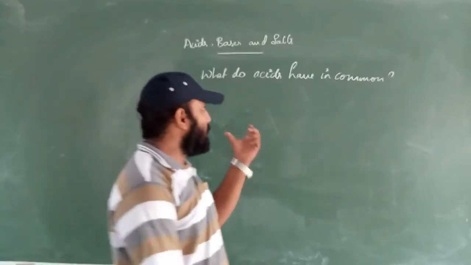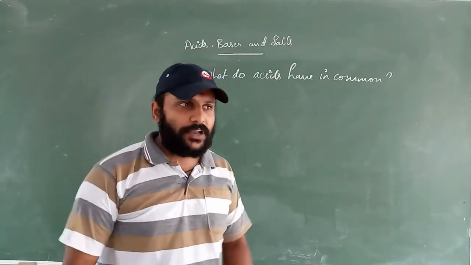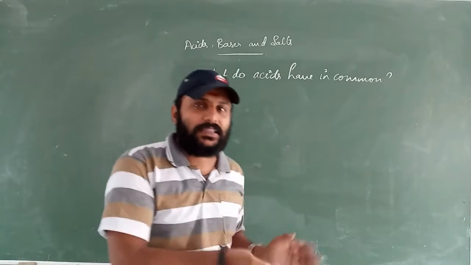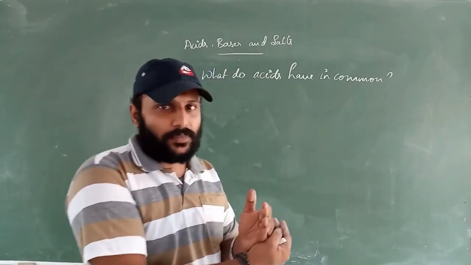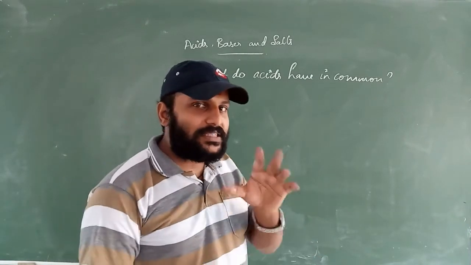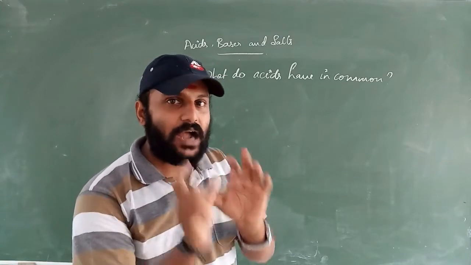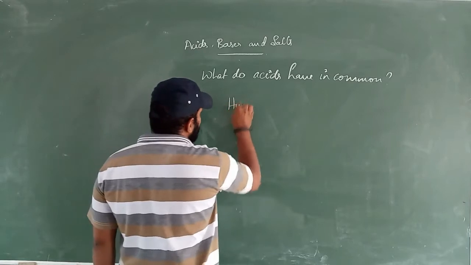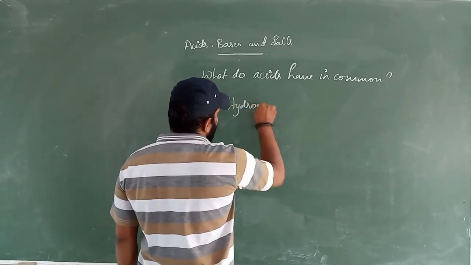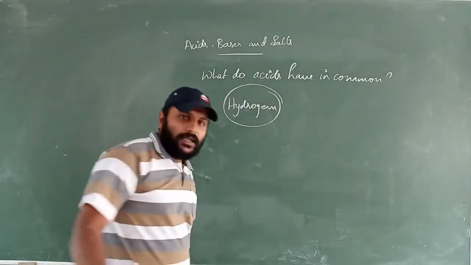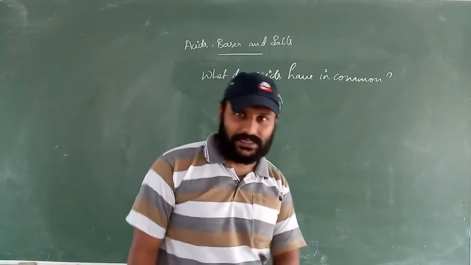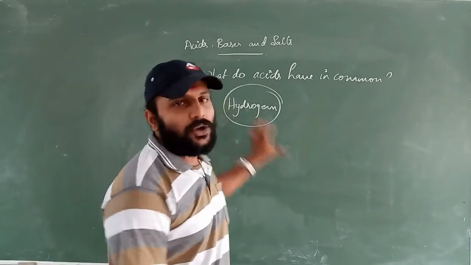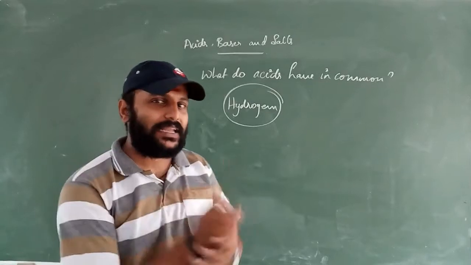What is the thing that is commonly present in acids? In the previous class we saw that when we react an acid with a metal, the gas formed is hydrogen gas. So can we say hydrogen is the element that is commonly present in acids? Yes, we can say that.